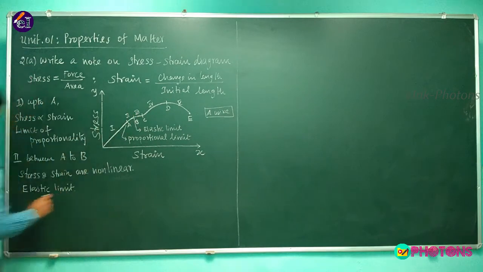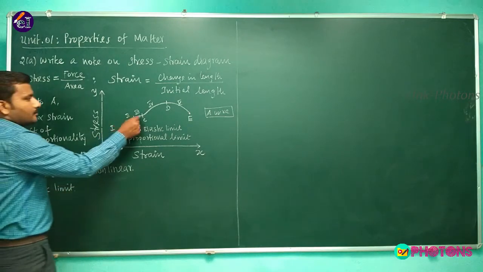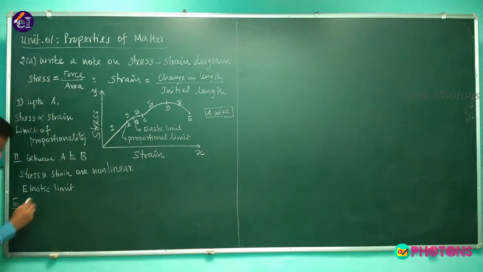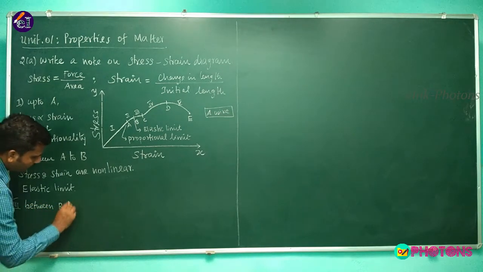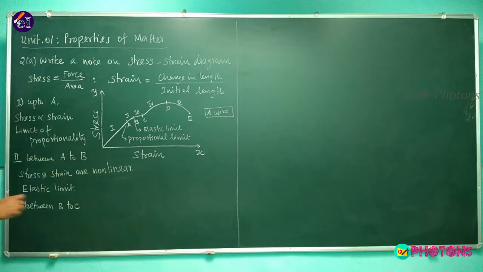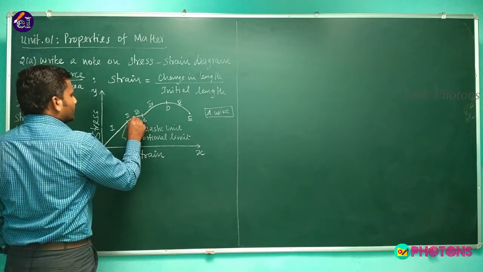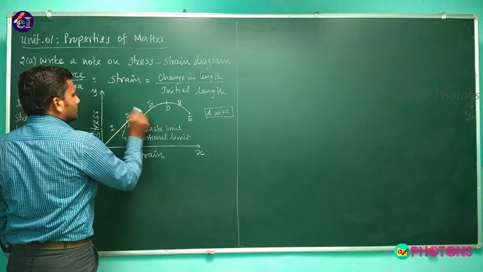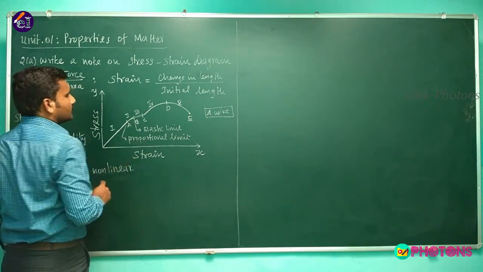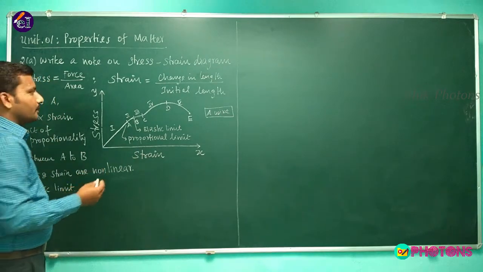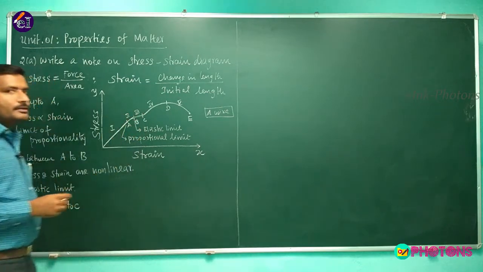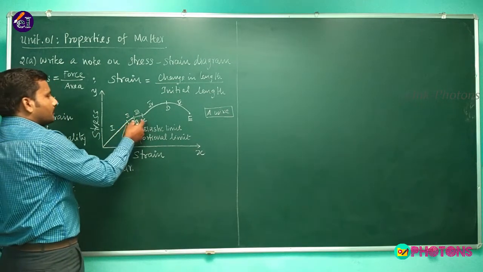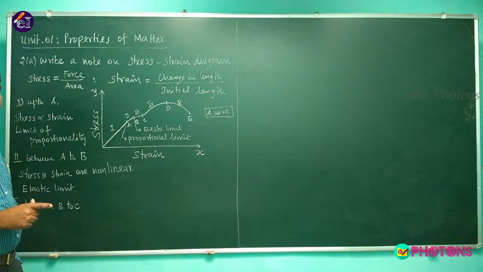Now consider segment 3, a small segment between points B and C. Even a small change increases the strain a little higher. In this region, if you remove the deforming force, the material will not completely go back to its original shape.